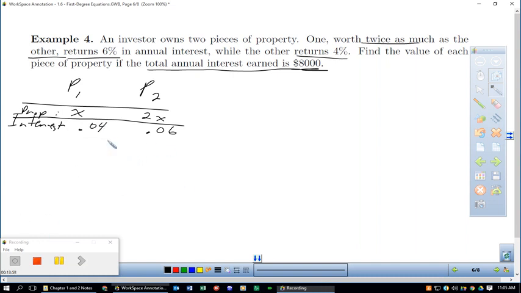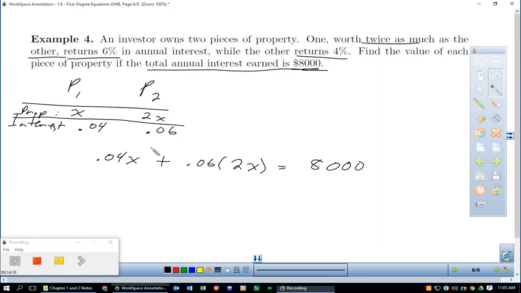That means the interest gained from property 1 is 0.04x, and the interest gained from property 2 is 0.06 times 2x. And the grand total is 8,000. So now we have an equation we can solve.